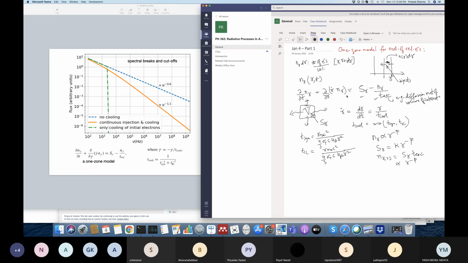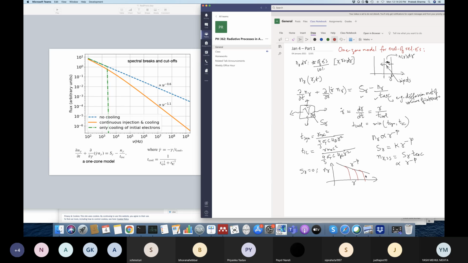Now, in addition to this, we have losses, and we can consider two cases. One case is when S gamma is equal to 0. In this case, you have some initial n gamma versus gamma, an initial gamma to the minus p distribution, but because of cooling the high energy electrons just get cut off.